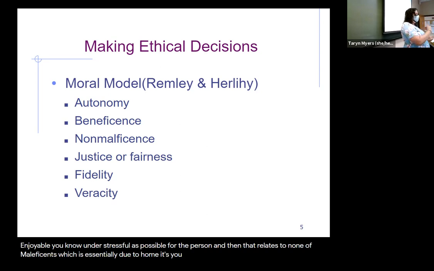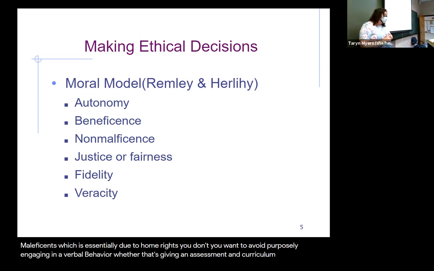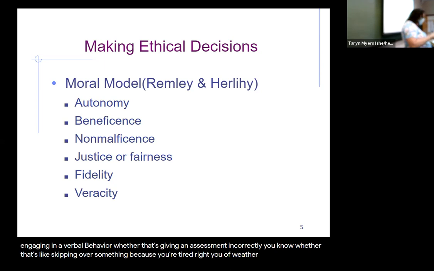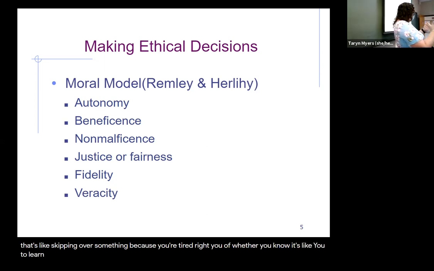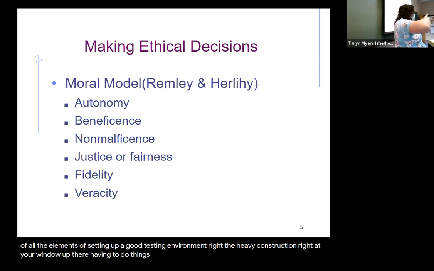Right, so you want to avoid purposely engaging in harmful behavior, whether that's giving an assessment incorrectly, whether that's skipping over something because you're tired, right? Whether it's an abrasive interaction with that client, so they're not in the right headspace to take the assessment, right? You have to be aware of all the elements of setting up a good testing environment, right? Not having construction right outside your window if they're having to do things that require timing and concentration, things along those lines.